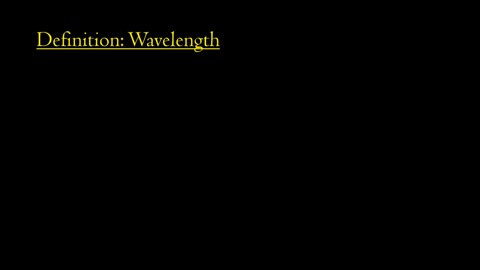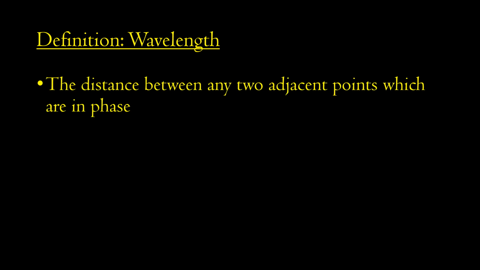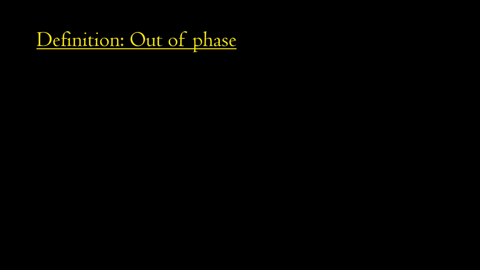Therefore, we can now define the wavelength as the distance between any two adjacent points which are in phase. That is, if the distance between the two adjacent points on a transverse wave is a natural number multiple of wavelengths.